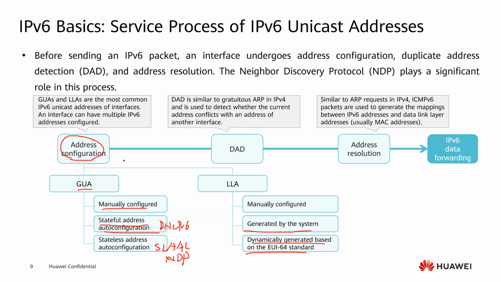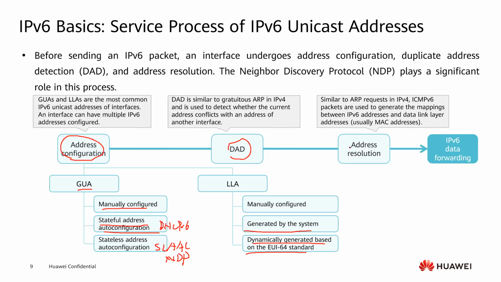After you configure the IPv6 address, you need to detect whether there is another same IPv6 address as yours. If there is, that means there is a conflict here. So you need to do the DAD process to detect the IP address, and then you need to encapsulate the v6 address.